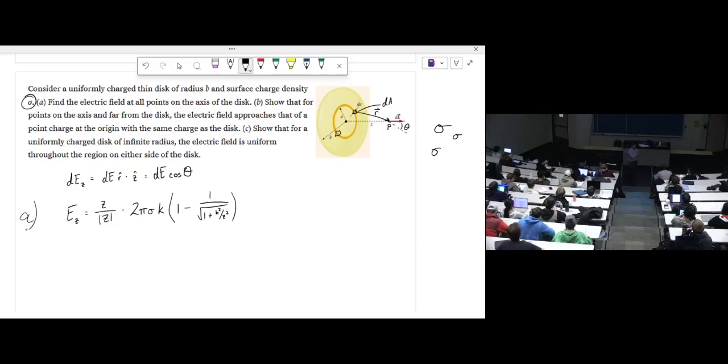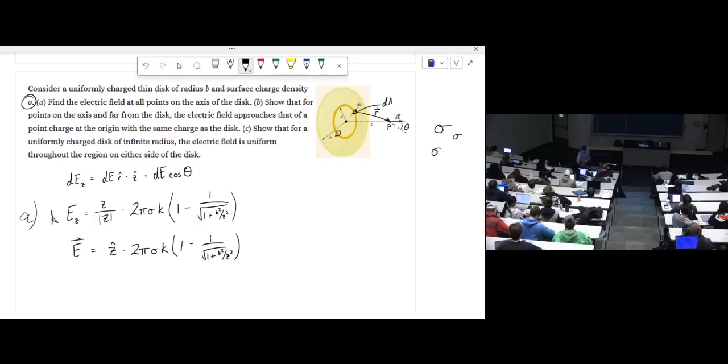Yeah, I could write it this way, z over |z|. Maybe a better way to write this is E is going to be equal to z hat times 2 pi sigma k times 1 minus 1 over the square root of 1 plus b squared over z squared.